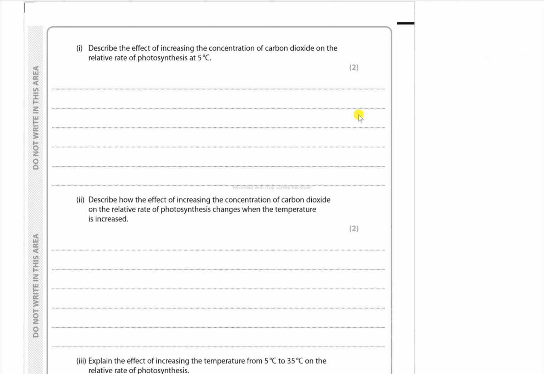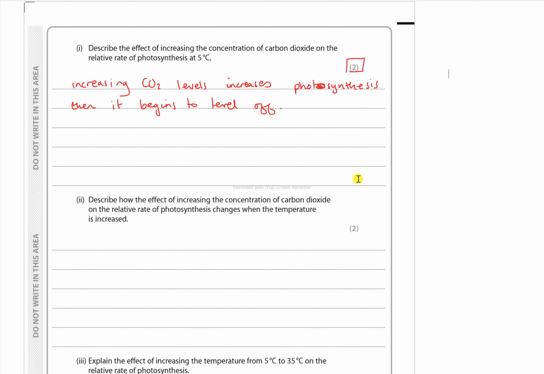So now we need to describe that for 2 marks. So we can say increasing CO2 levels increases the rate of photosynthesis. Then it begins to level off.